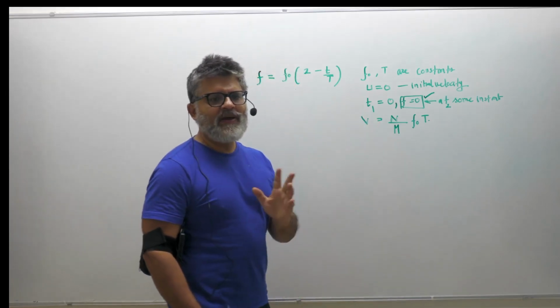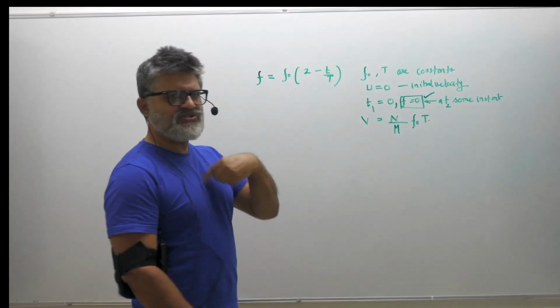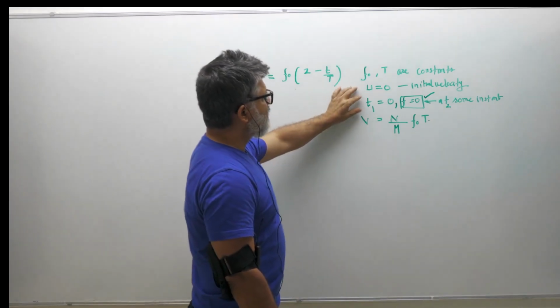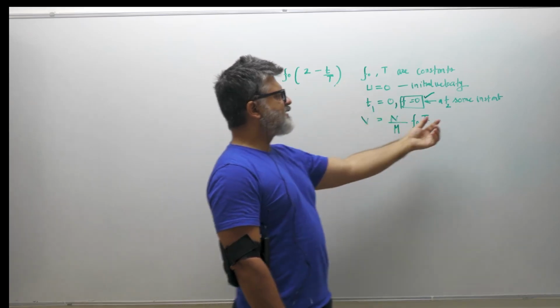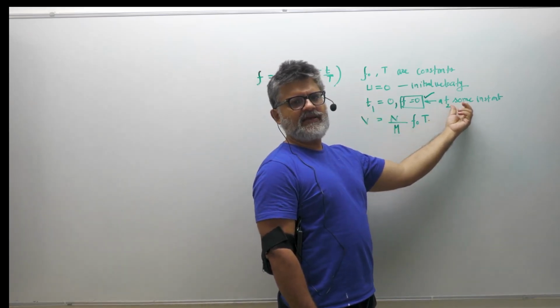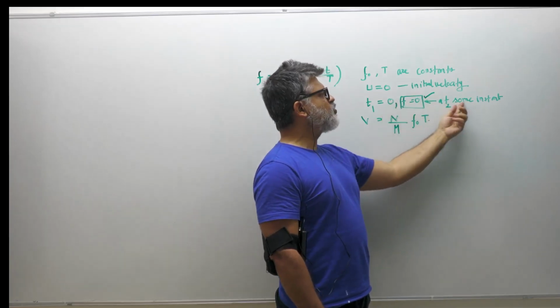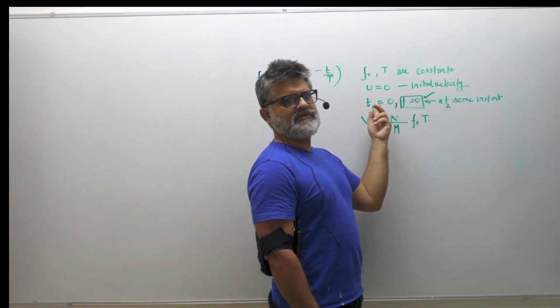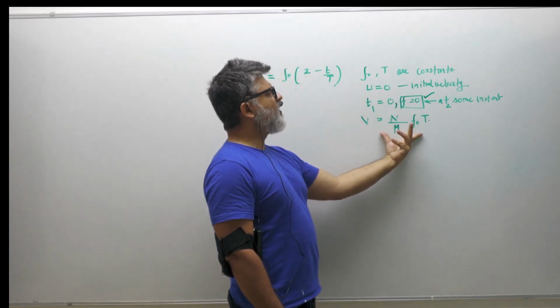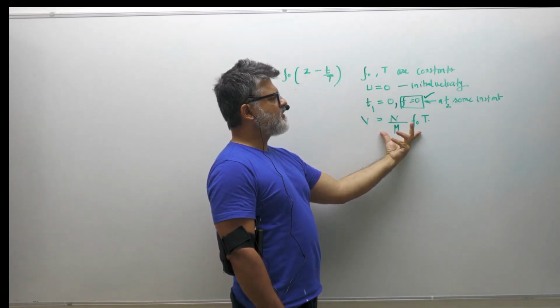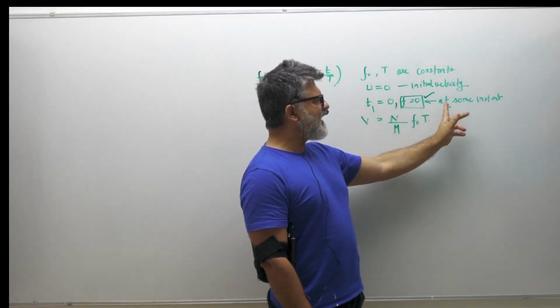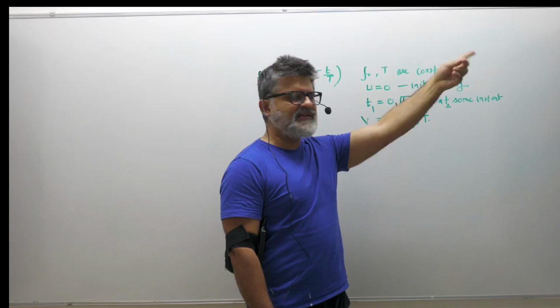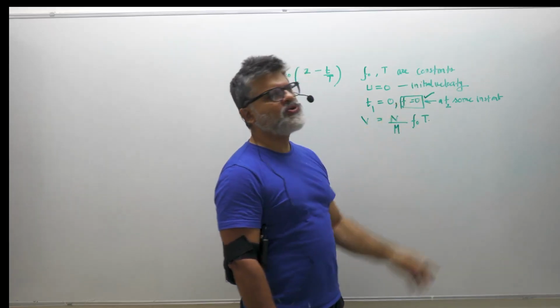I hope I have articulated it correctly. I will just repeat myself. So this is a time instant and this is another time instant. Between these two time instants, the velocity is found to be this. And at the other time instant, the acceleration is found to be 0.